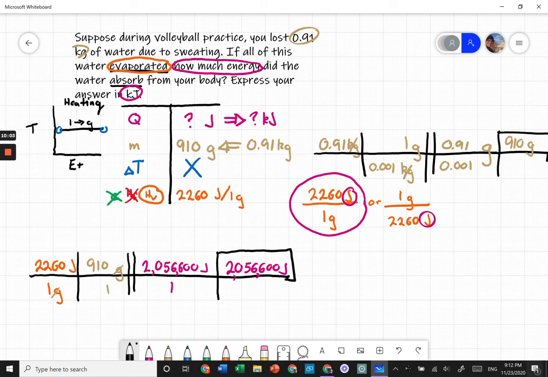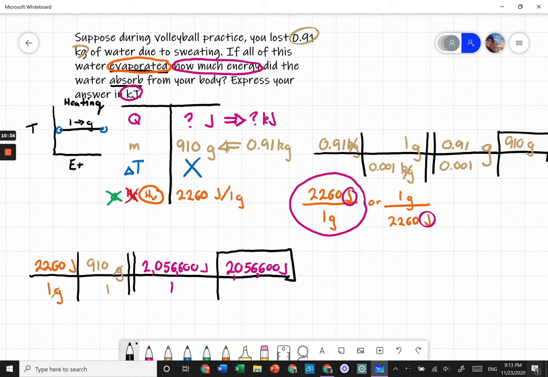For this problem, it takes 2,260 joules of energy to completely vaporize or evaporate 1 gram of water. Well, I have 910 grams, so it should take me more energy, probably 910 times as much, to vaporize that same amount. So I should end up with a bigger number than 2,260. 2,056,600 is a bigger number than 2,260, so that does make sense. So at least that makes sense.